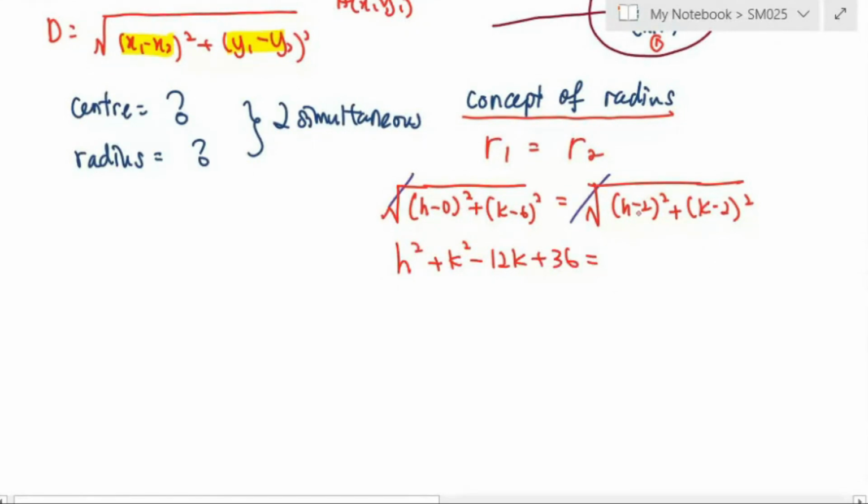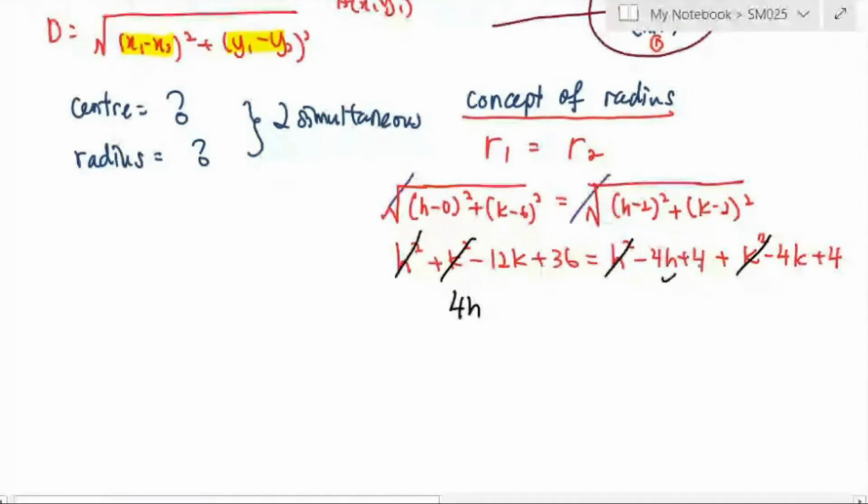Same here, expand the h minus 2 square, then expand the k minus 2 square. Alright, so we simplify our equations. If h goes to the left hand side, the h square will be cancelled out. When the k square goes to the left hand side, they will be simplified out. So in the simplest way, my equation will be equal to 4h.